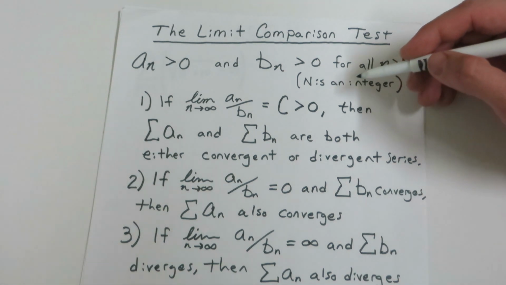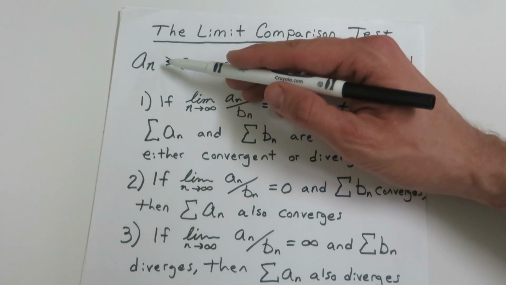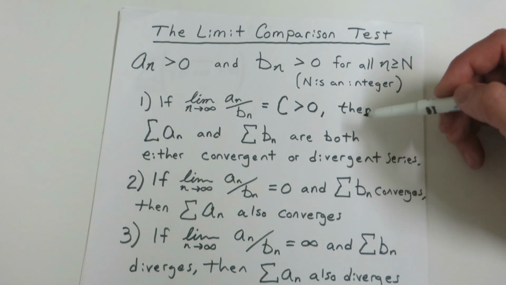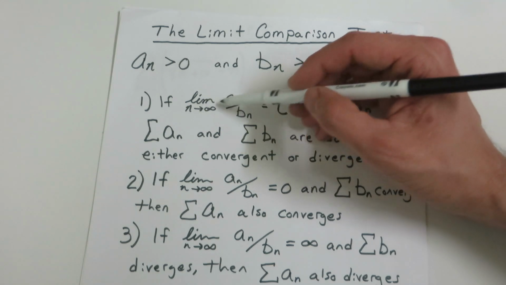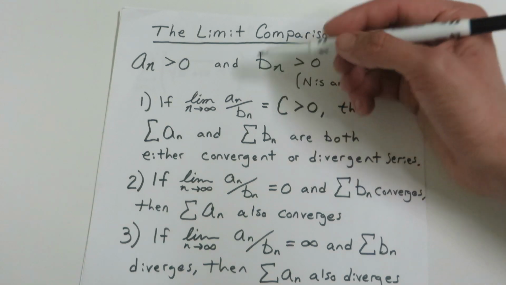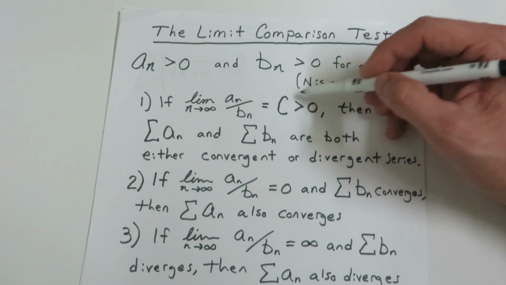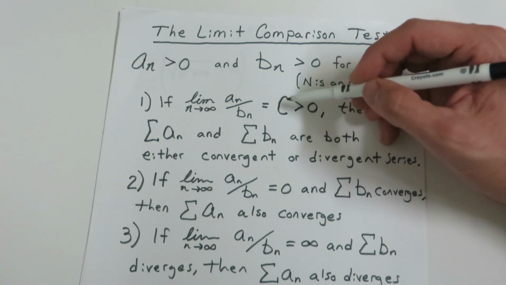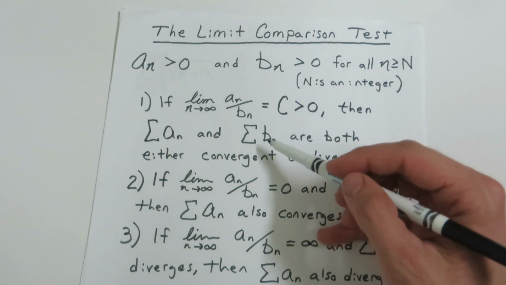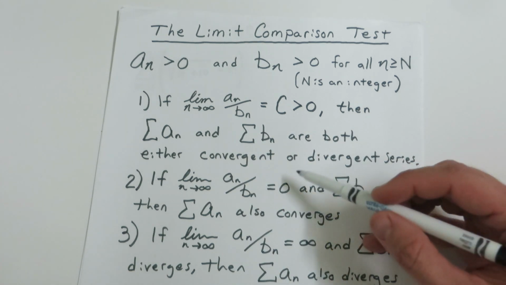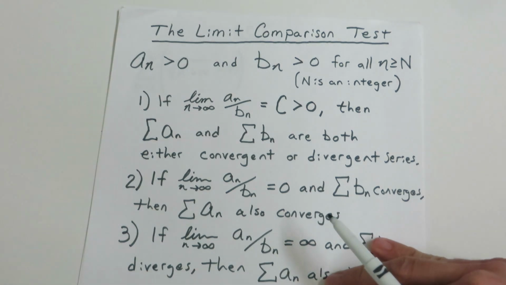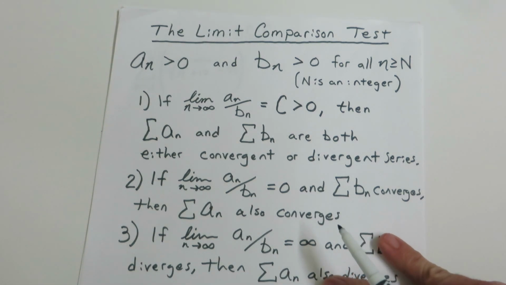And we're going to be dealing with this first case here, where if we have some sequence A and some sequence B, and they're both greater than 0, then if the limit as n approaches infinity of our A sub n over our B sub n sequence equals some constant which is greater than 0, now that could be 1, it could be anything, then both series either converge or they both diverge. One or the other will be true.